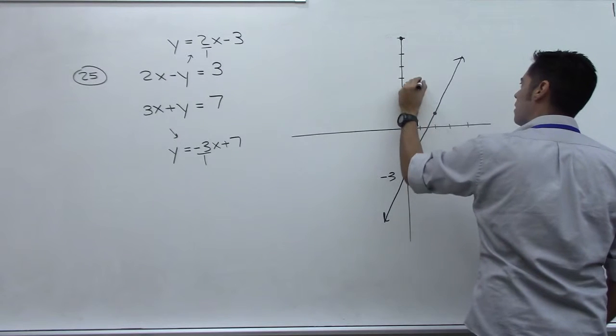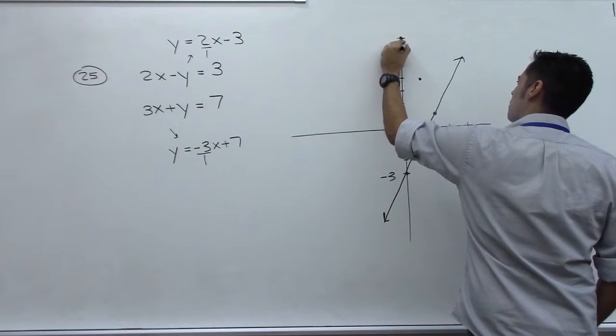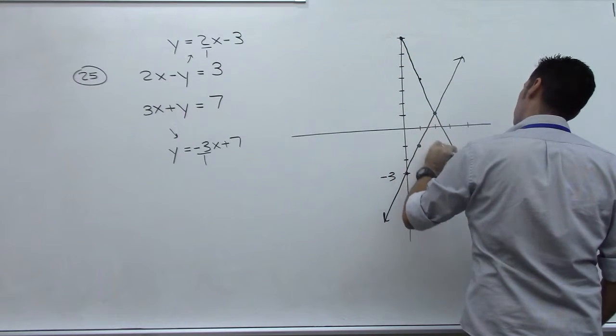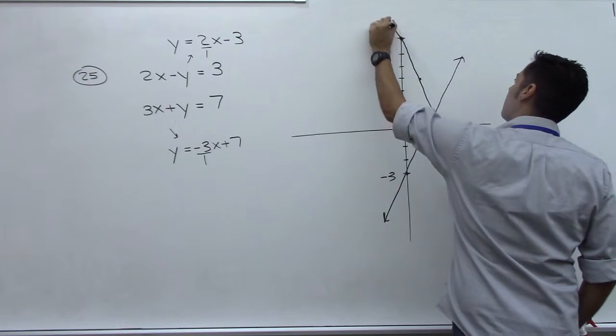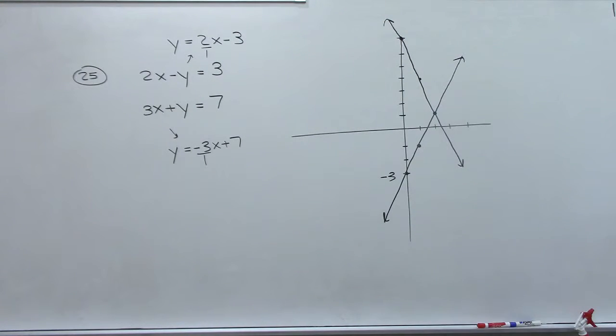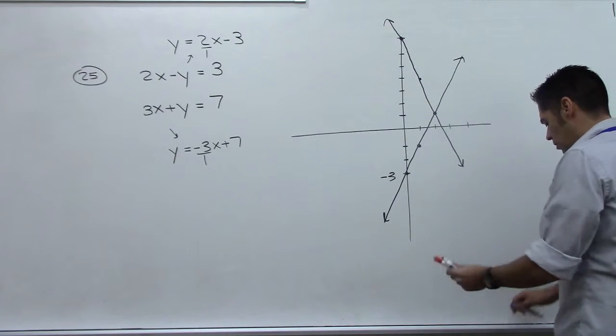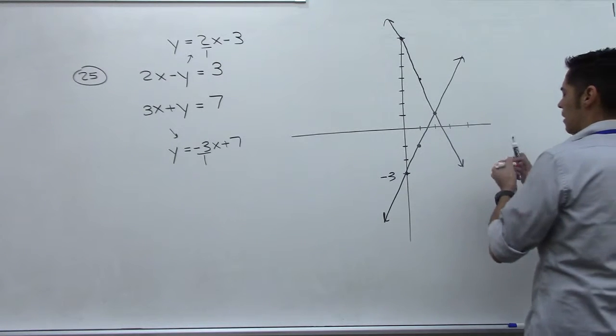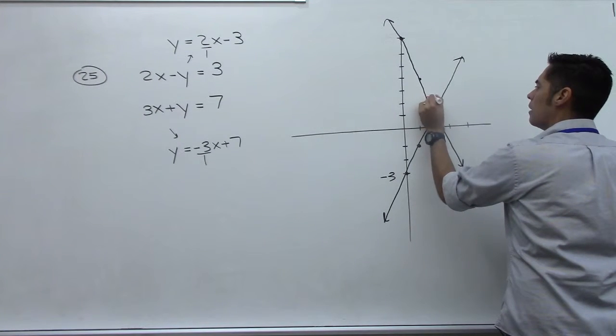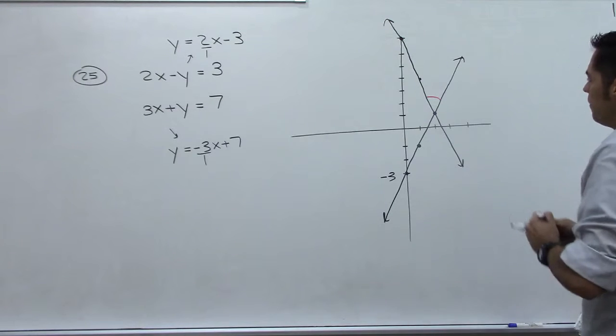Oh, they actually hit right there. And what we're trying to do is find the acute angle between these two lines, the smallest angle between them, which would be like this angle. We want to know what that is.